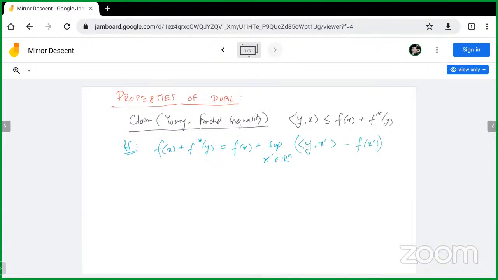Now since this is a supremum, I can plug in any value I like. So I can plug in x prime equal to x, and then it'll just cancel. Anyway, the point is that this duality allows you to break the inner product into this addition. It's a cute fact.